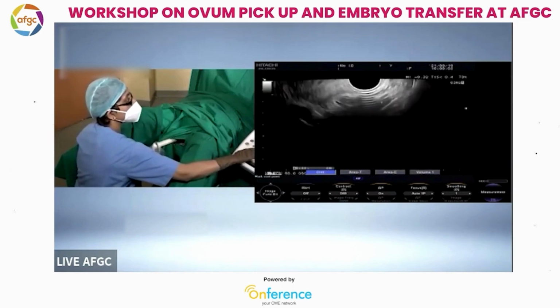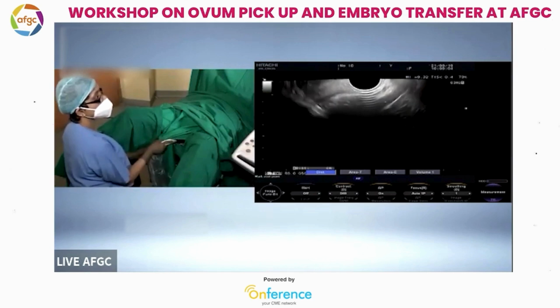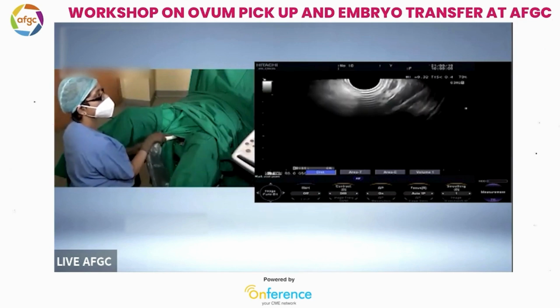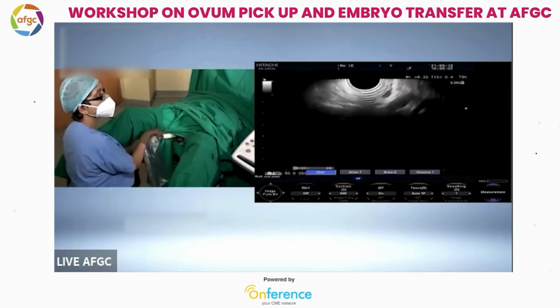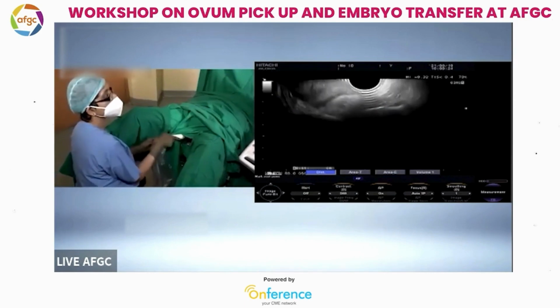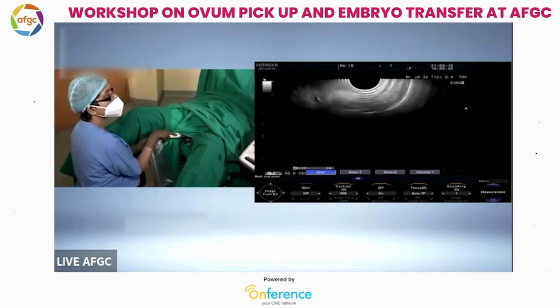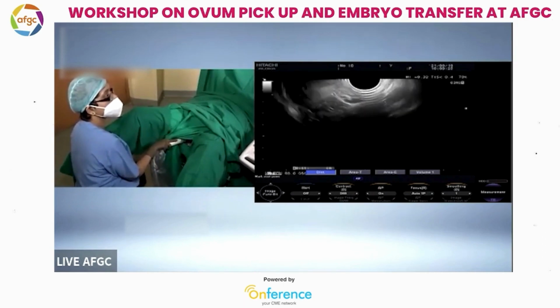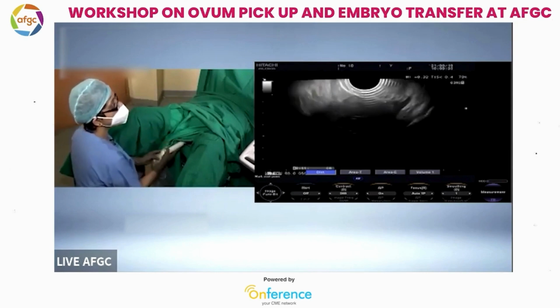Now if in certain planes this looks like a follicle or not a vessel or a cyst, and while you are doing an egg pickup, especially for thin patients and where the number of follicles is less, you might injure, go directly into the vessels. And for beginners it's very important to be able to identify the iliac vessels before they do any interventional procedure.